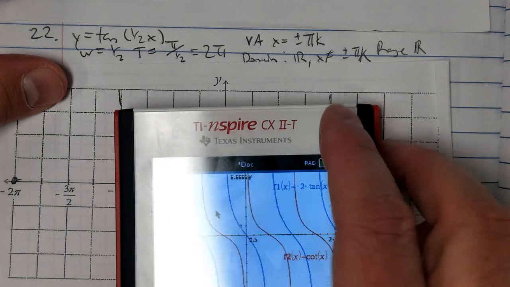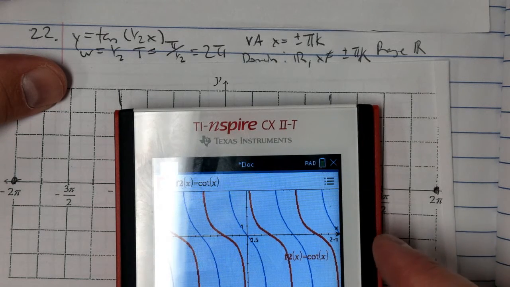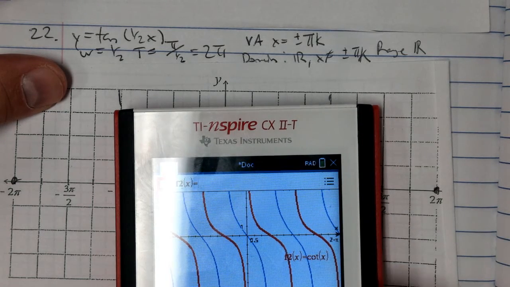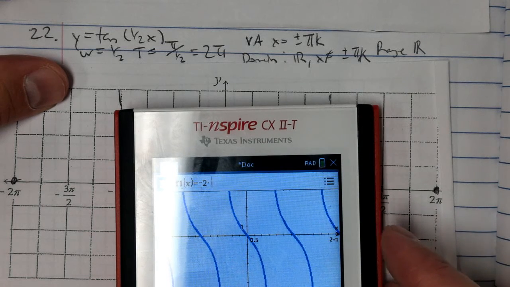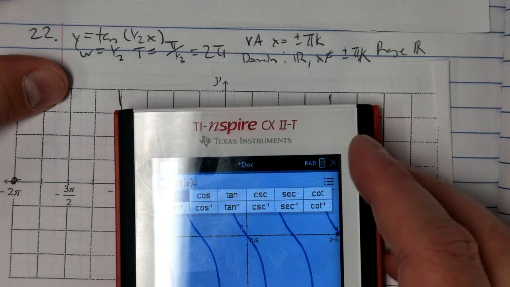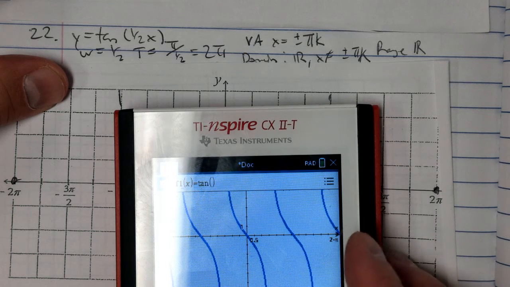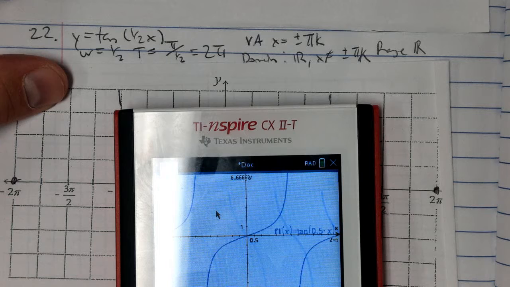Okay, so let's get rid of our first function. Tan 0.5x.